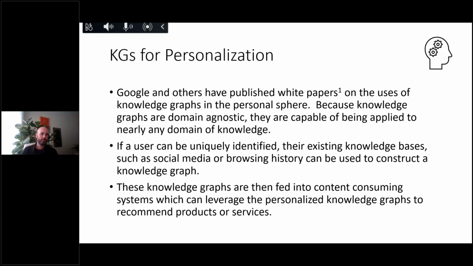Did they buy a drill press previously? Well, maybe they need parts for it now. So there are a lot of applications for personalization in knowledge graphs, but it really just depends on whether you have identified the user who is accessing this information, and whether you have a knowledge base about that user which you can then leverage with AI to feed them personalized results or information.